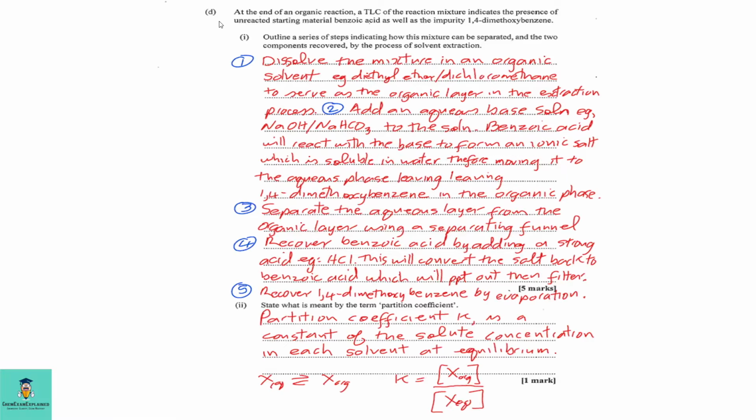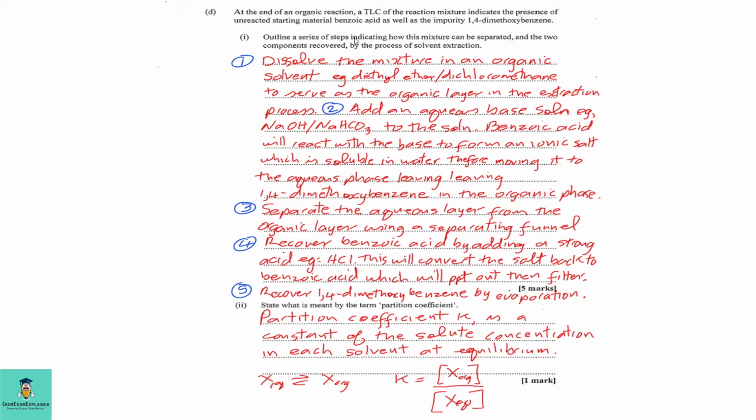2 part D. At the end of an organic reaction, a TLC of the reaction mixture indicates the presence of unreacted starting material, benzoic acid, as well as the impurity 1,4-dimethoxybenzene. Part 1.